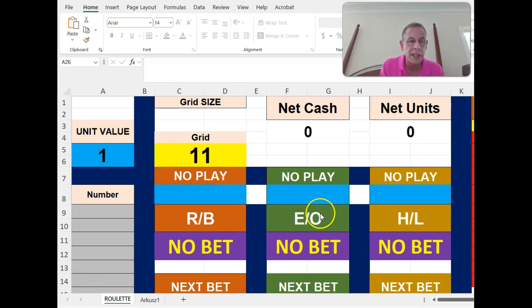Now, the Fortune Formula is made for even money bets. In roulette, we have three even money bets: red/black, even/odd, and high/low. We can use this to play one of these by itself, like we did with the baccarat in the last video.